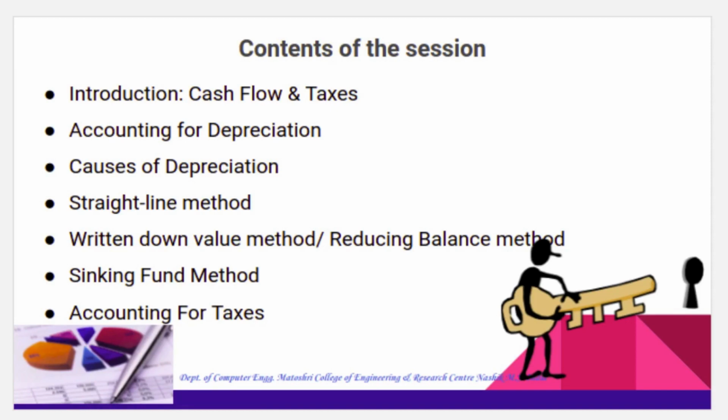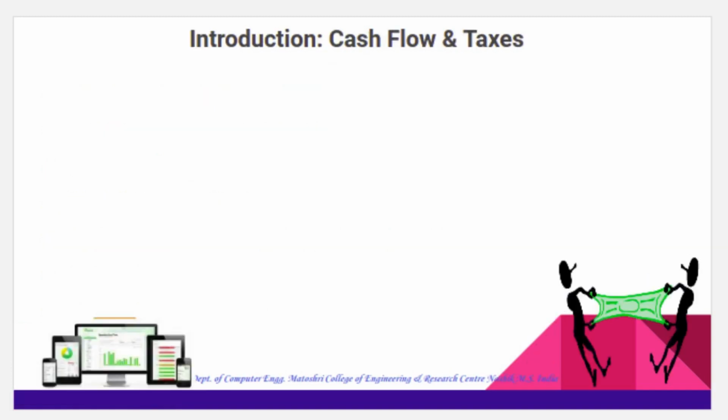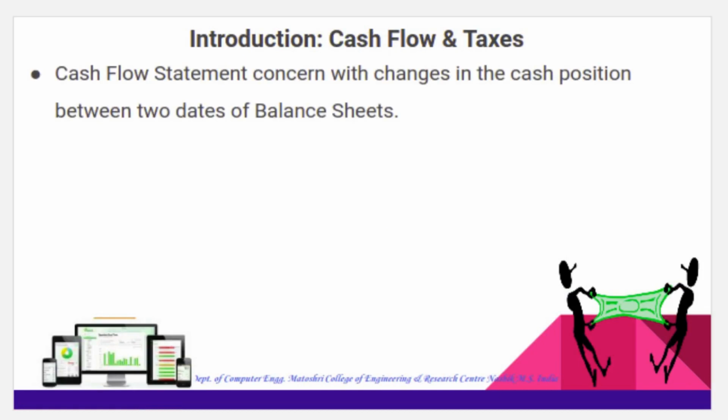Next, we will see what exactly economics and management. Cash flow statement reveals the causes of changes in the cash position of the business concerned between two dates of balance sheet.